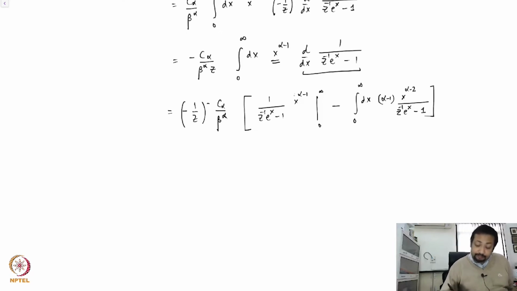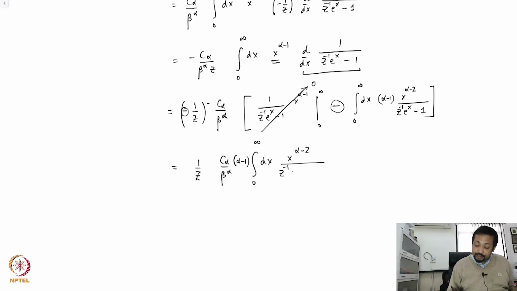Looks very nice, and note that this vanishes in both the limits, so that I have the minus and this minus makes it a plus. So I have 1 over z C_α β^α ∫ from 0 to infinity, there is an (α-1) dx x^(α-2) over (z⁻¹ e^x - 1).